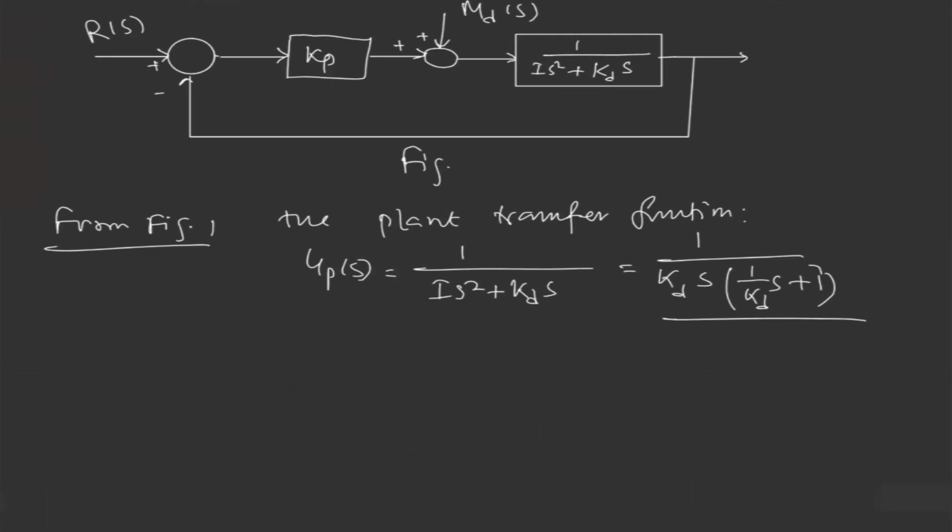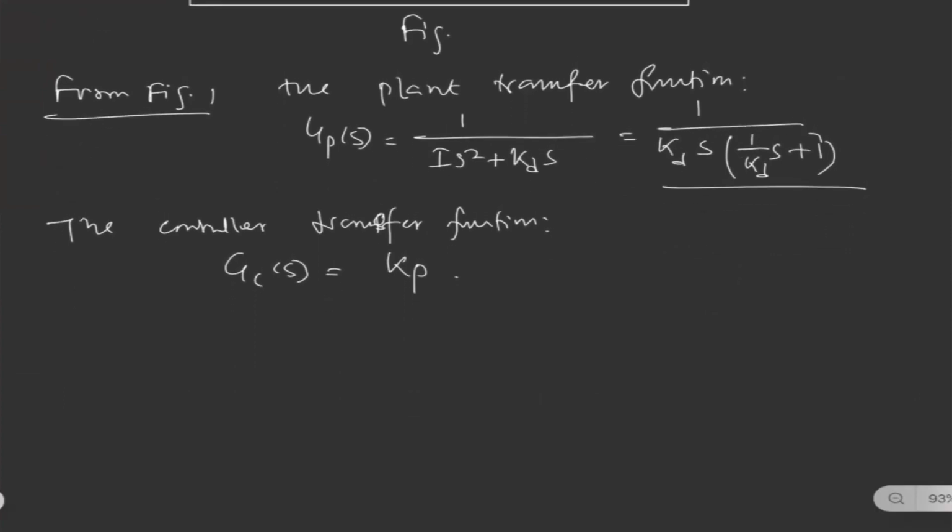And the controller transfer function, we can write GC of S equal to KP. It is clear that there is no integrator in the controller, because here NC equal to 0, since there is no integrator in the controller transfer function.